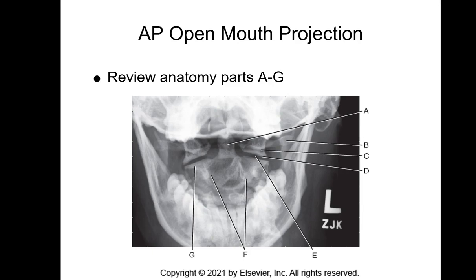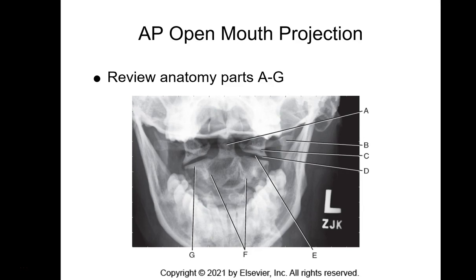So for example, if the skull is slightly rotated or if there's any tilt, that can alter the symmetry of these joints and of the dens. That could imitate an injury. So my point is, you have to be really precise and use accurate positioning for this region. It's so important. So really take your time and do a nice job.